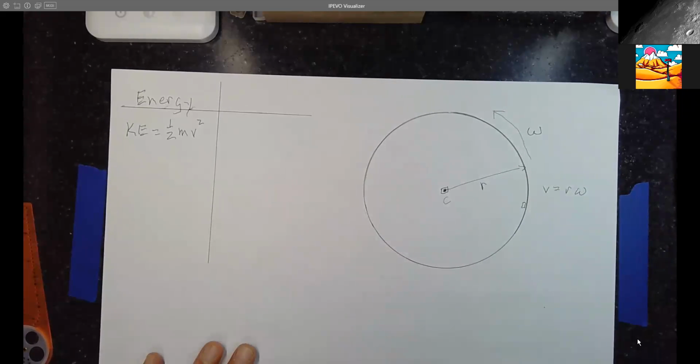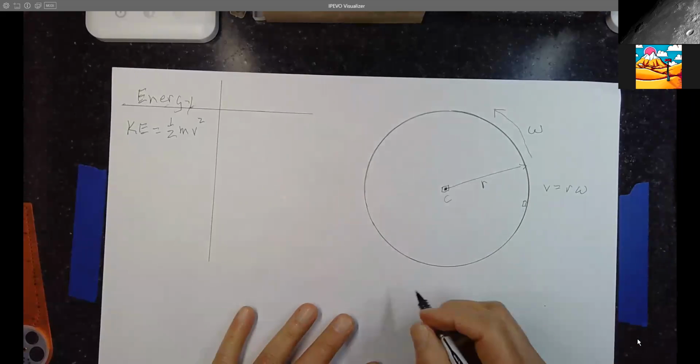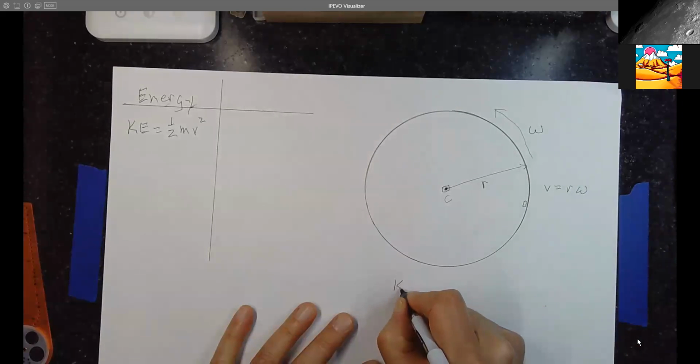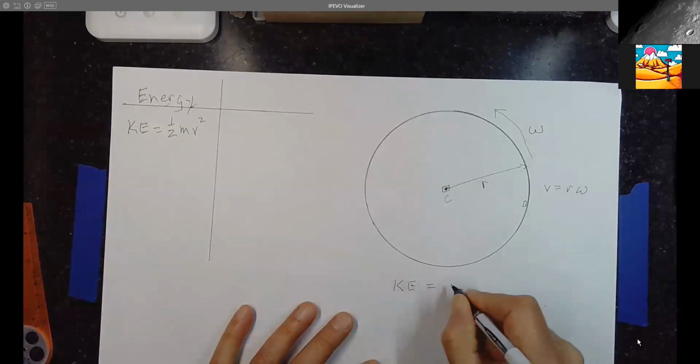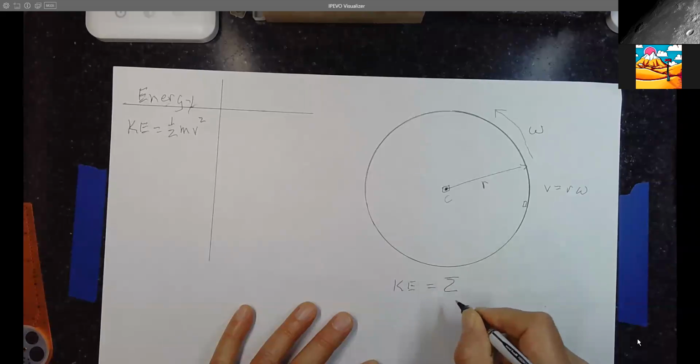If I want the kinetic energy of the object as a whole, I'm going to have to take into account all those varying speeds that are out there. Now, to do this right, you'd have to use the idea of integration that comes from calculus. And some of you are just starting second quarter calculus, so you probably haven't done integration yet. But we can imagine doing a sum. And the kinetic energy of the whole thing would equal a sum.